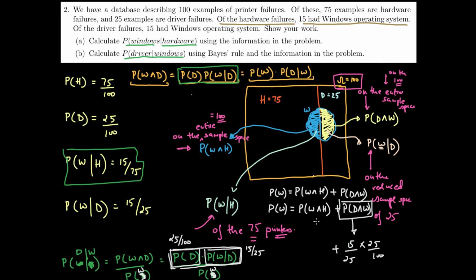What is the probability of W and H happening? Let's rewrite this in a different color here.